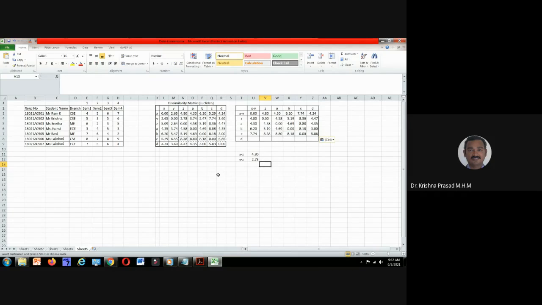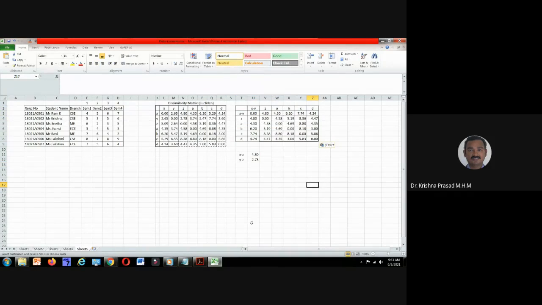D to xy, 4.24. D to z. Now this is after forming x and y as a cluster and this object is formed.